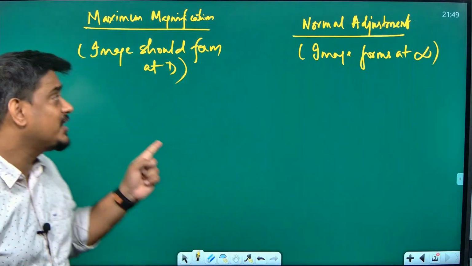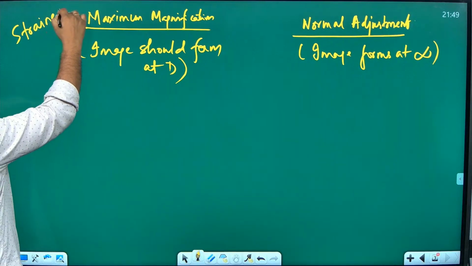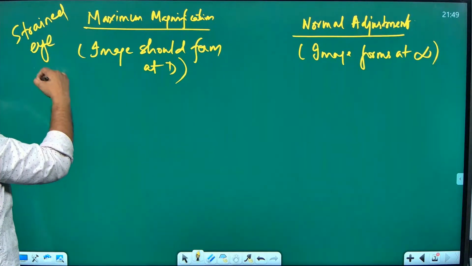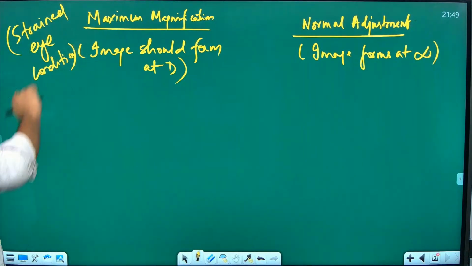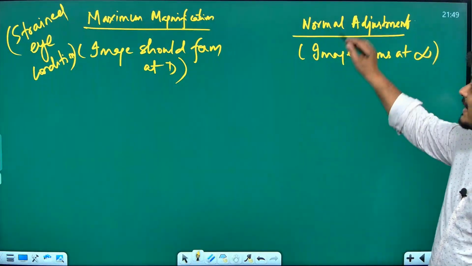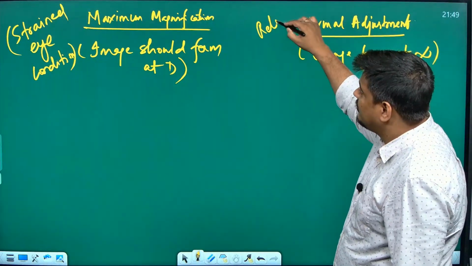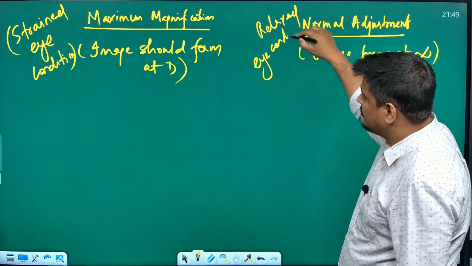So this condition is also called strained eye condition. Some books will write this also. Why? Because the image is forming at D. And this case is also called relaxed eye condition.